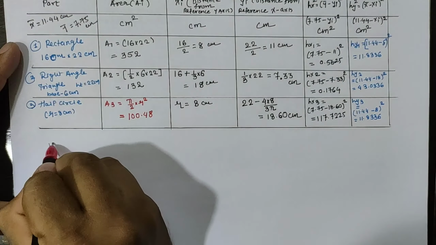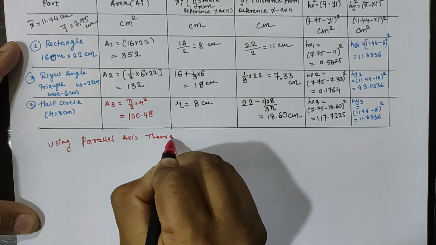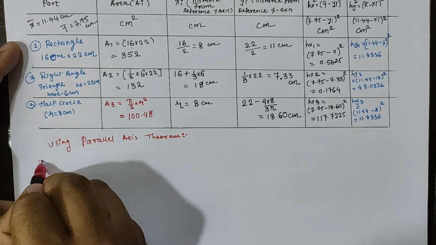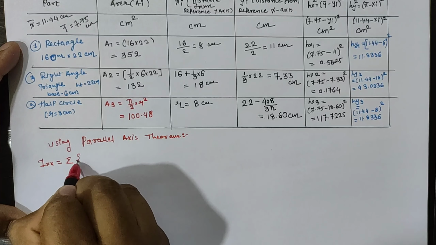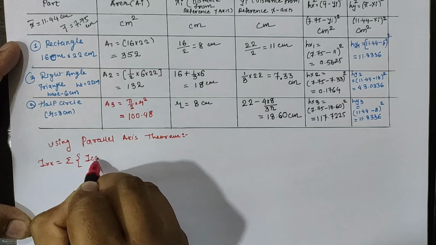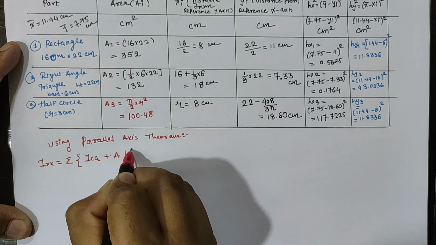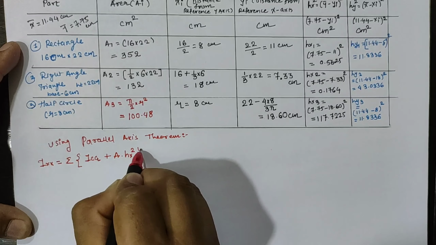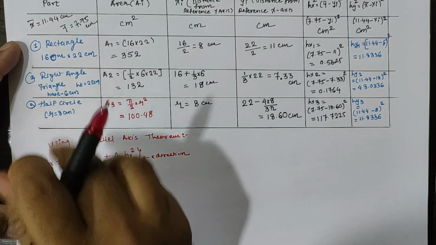Now we are going to calculate the moment of inertia regarding this tabular form using the parallel axis theorem. Our Ixx is equal to the algebraic summation of ICG plus area into hx square in the xx direction. So first of all, for the rectangular part, it is bd cube by 12.